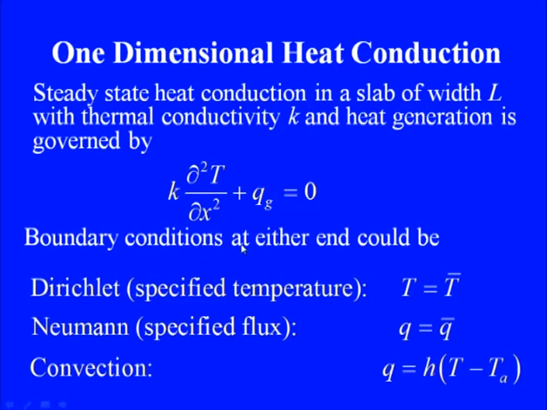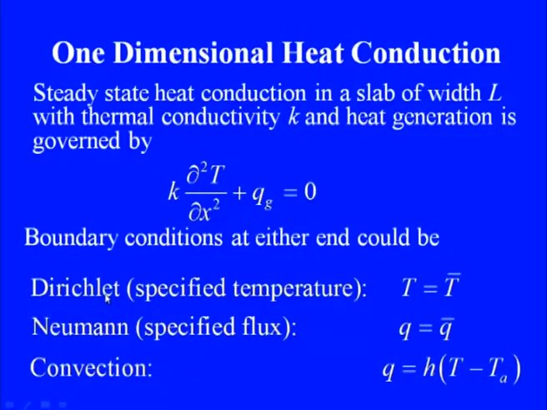Now boundary conditions at either end, specifically when we are writing a program, we would like to be a bit more general, and we should provide the possibilities of different types of boundary conditions at either end. So at either end we could have Dirichlet boundary condition, that is specified temperature T is equal to T bar, where T bar would be some specified value.